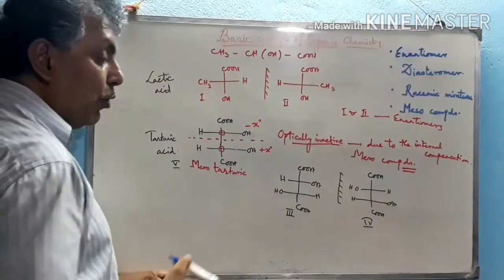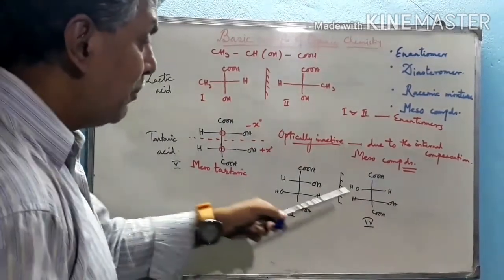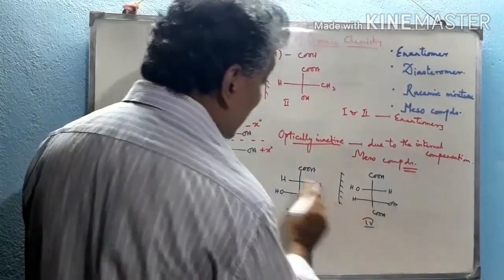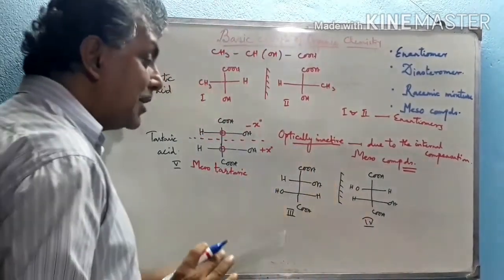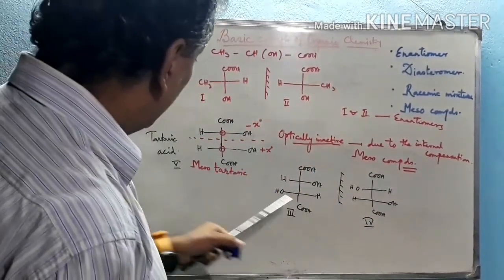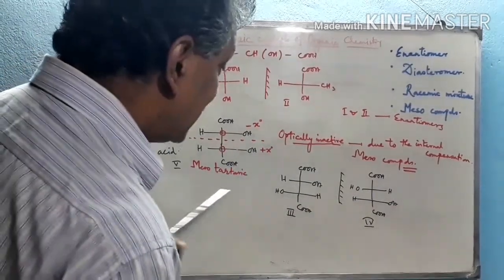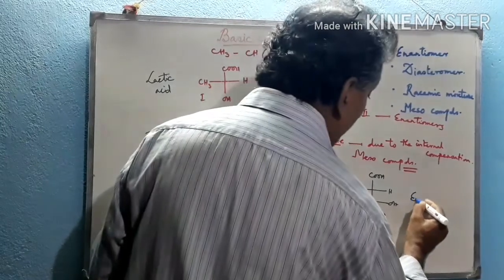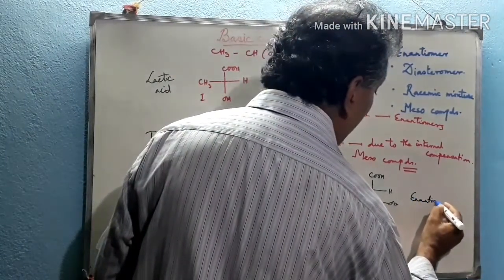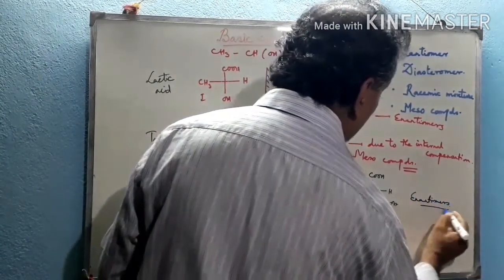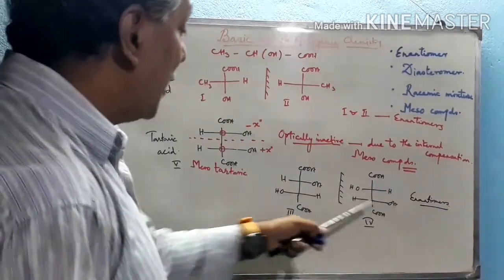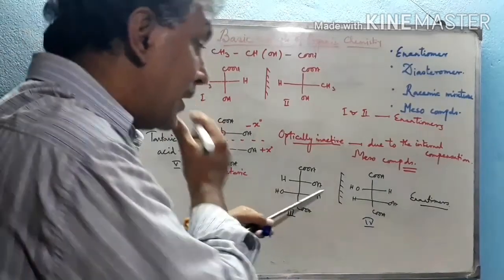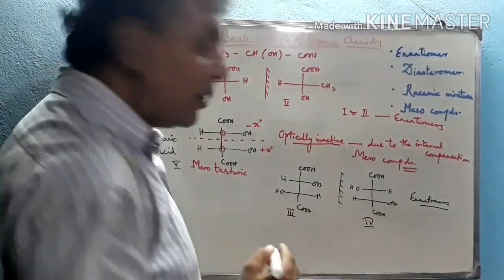Both 3 and 4 are optically active compounds, and they have two chiral centers but no symmetry, unlike meso tartaric acid. Then 3 and 4 are called enantiomers of each other according to the above definition of enantiomer. So these two have a non-superimposable mirror image relationship, and as they are optically active, they are known as enantiomers of each other.